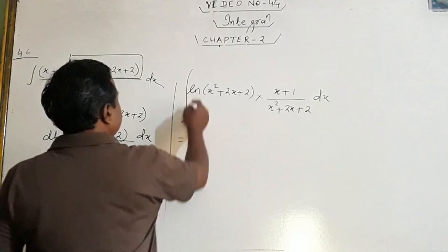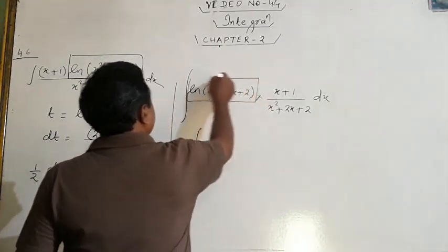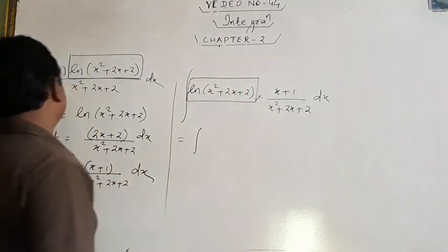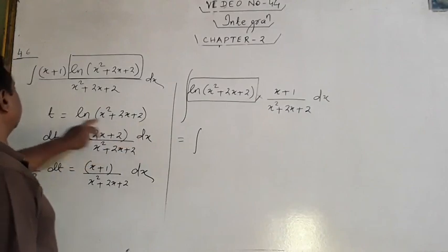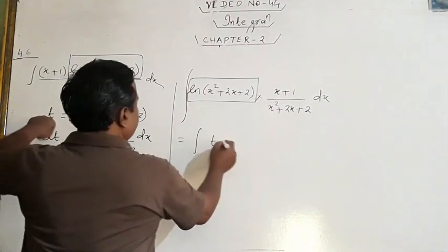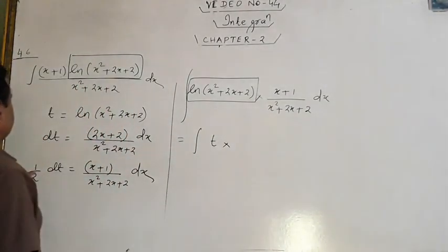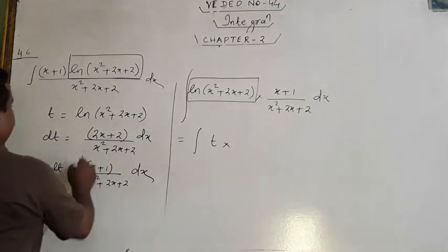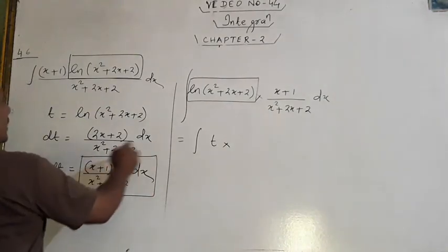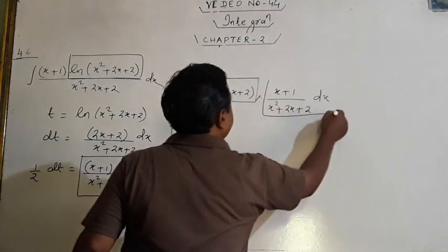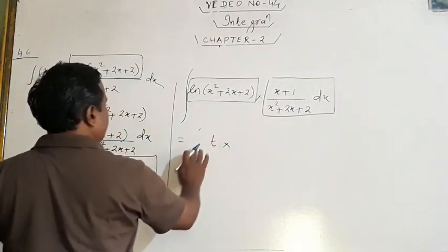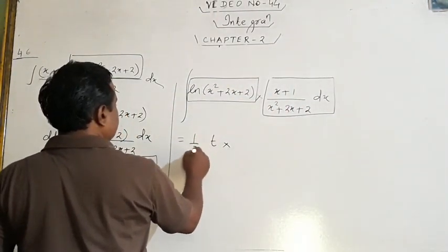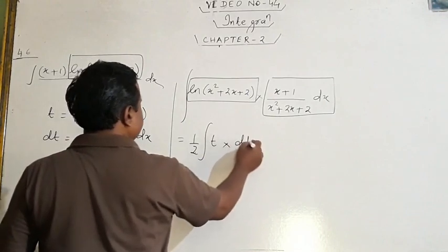Now it becomes, this is what? It is ln something. ln x square plus 2x plus 2, that is t. And this is what? This is half dt, and this gives you here, it is half dt. Means half is going outside, half dt.